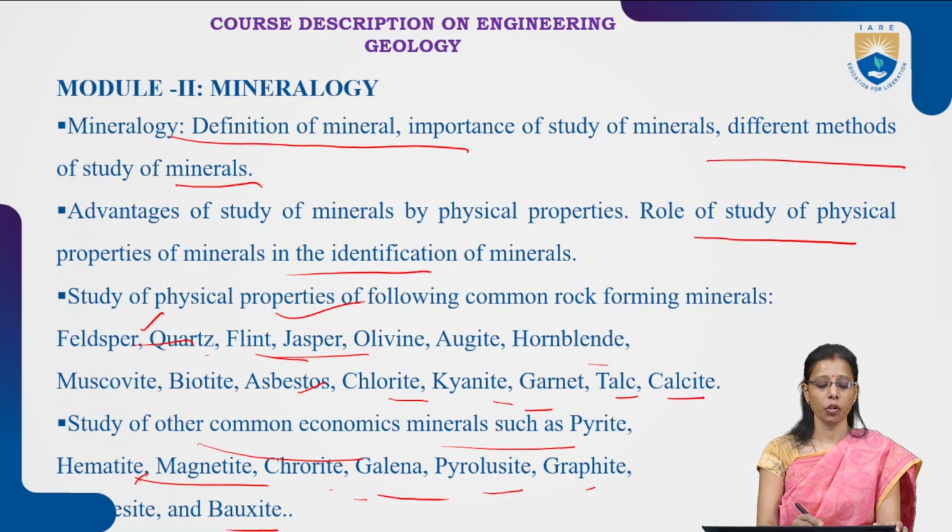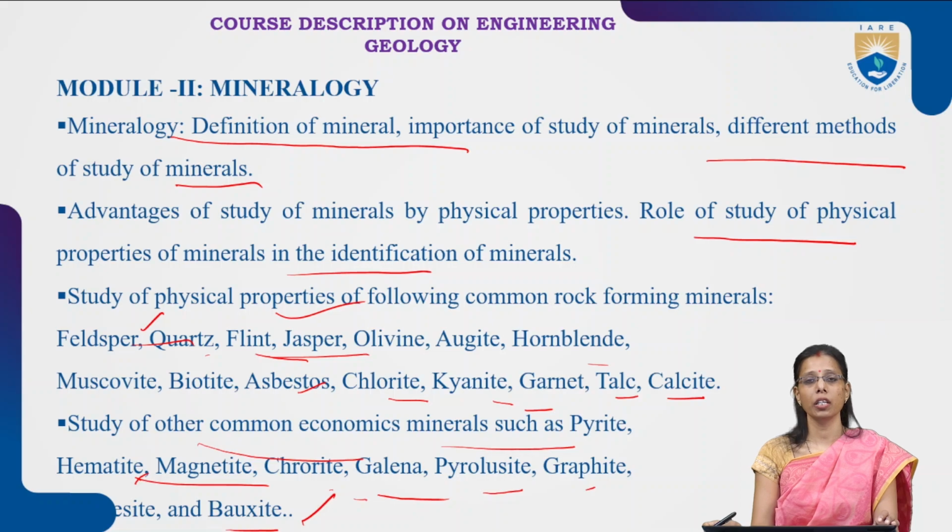Like that, we have bauxite, which makes aluminium, and aluminium is used in all the vehicles and so on. So these minerals are economically very important to study, and they are helpful in industries and day-to-day life.